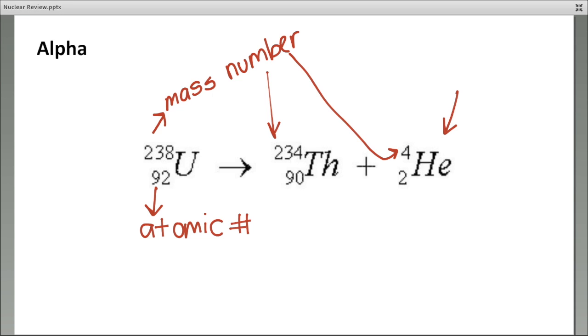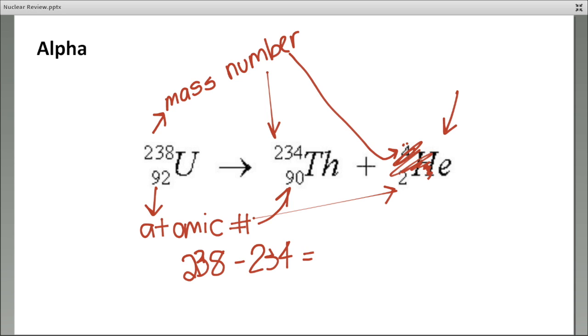Like I used to teach my students, sometimes they would have a formula and they wouldn't give you this part. So you could do 238 minus 234, and you get 4, and that's that top number right there.